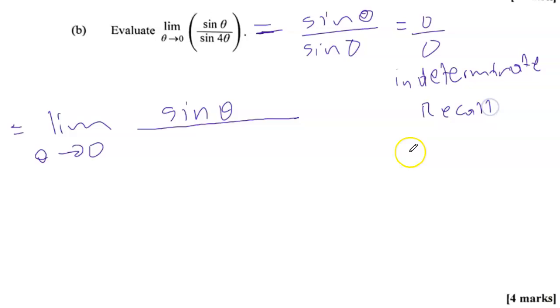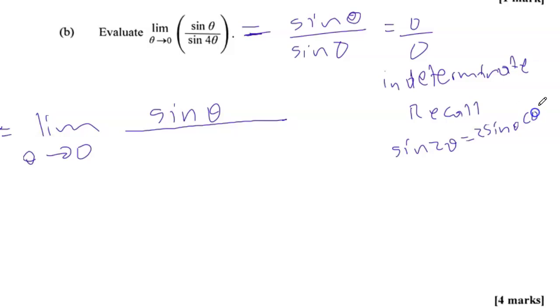Recall that sine 2 theta, the double angle, is 2 sine theta cos theta, which means that sine 4 theta, look at sine 4 theta as sine of 2 times 2 theta.